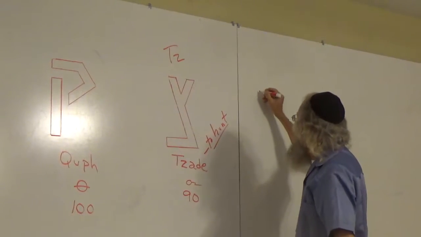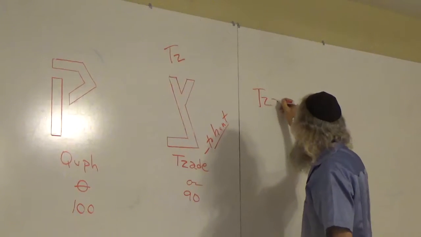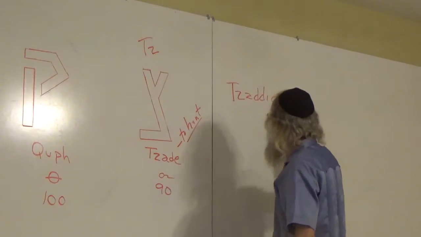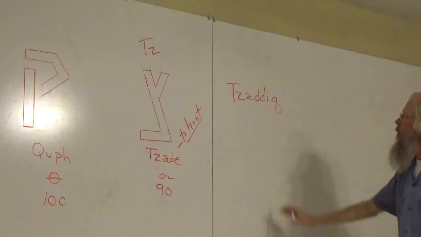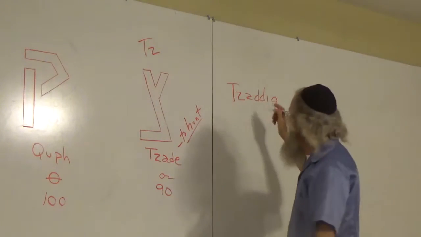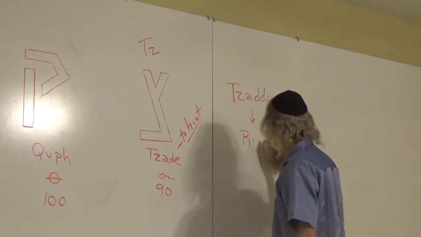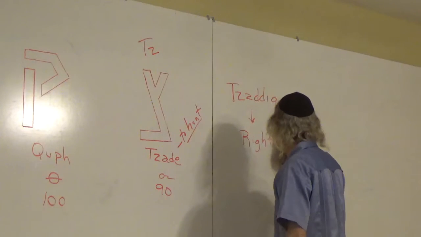So we have the word tzaddik, and this is the term that is translated as a righteous man.